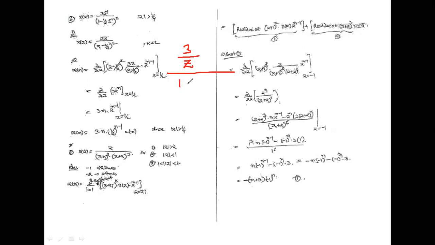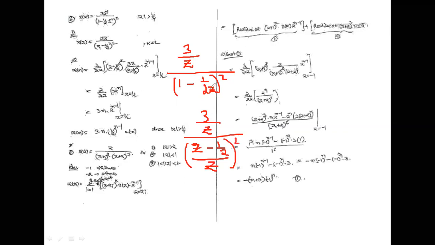and here 1 minus 1 by 2z whole square, and take the LCM here: 3 by z whole divided by, I'm taking only the z, (z minus 1 by 2) whole divided by z, whole square.